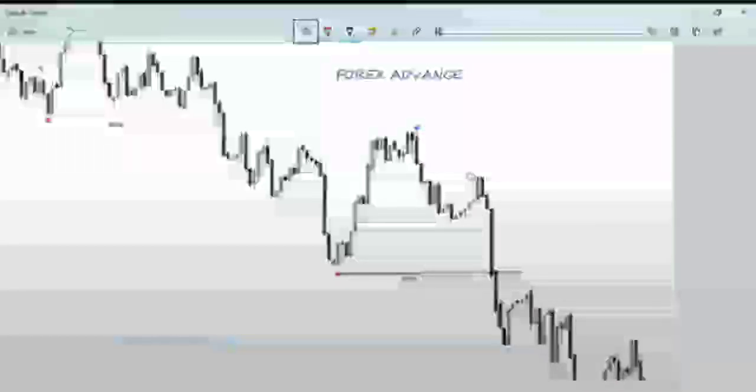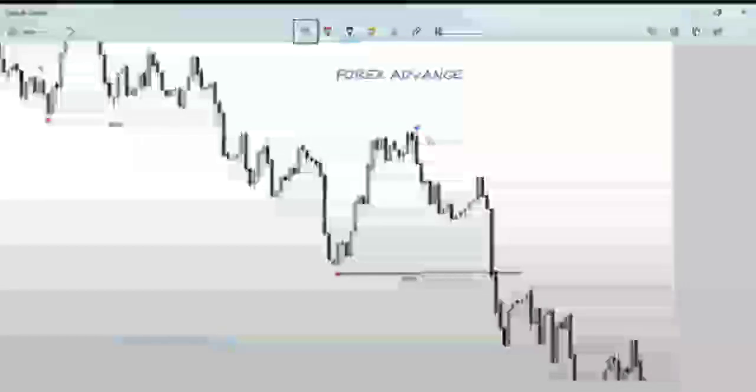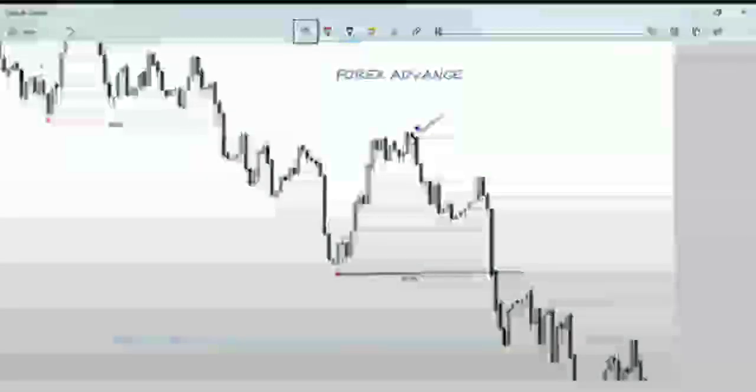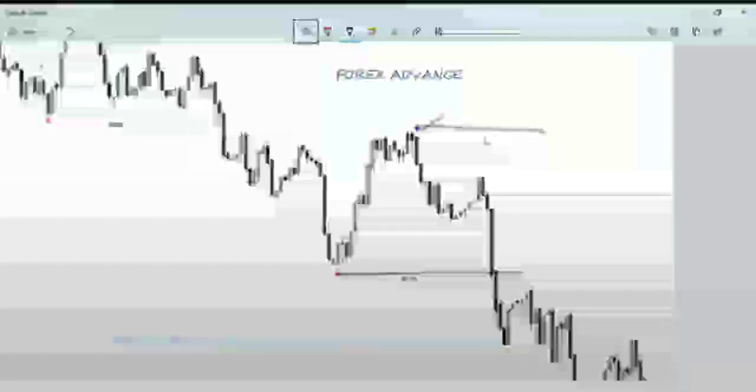But as you can see, we also cannot mark this specific candle as our order block. Why? Because the third candle, which I already highlighted for you, has broken its high. So we will ignore the previous two candles, and we will mark this specific candle.